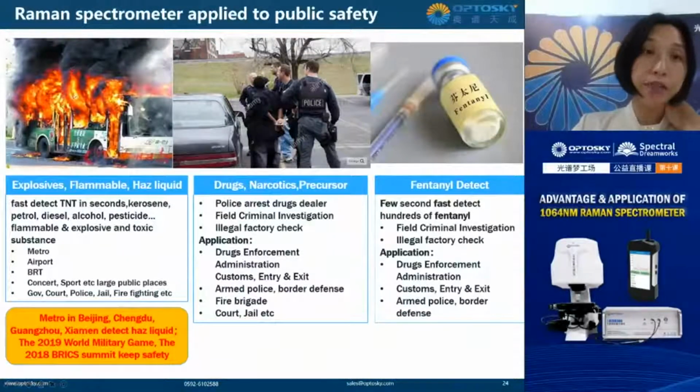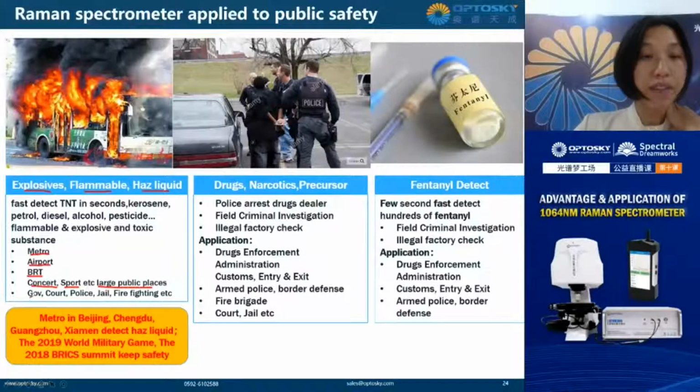When we see from these explosive cars, we know that it's needed to identify explosives and flammable and hazardous materials or liquid before the entrance of the metro, airport, like a BRT, and the concert entrance, sports entrance, and large public places.